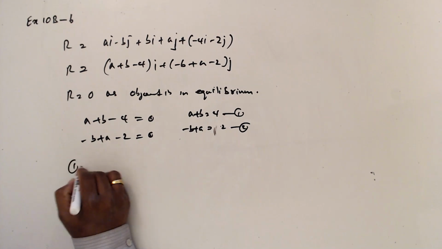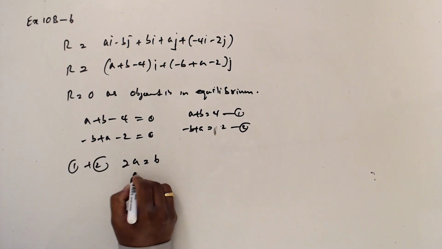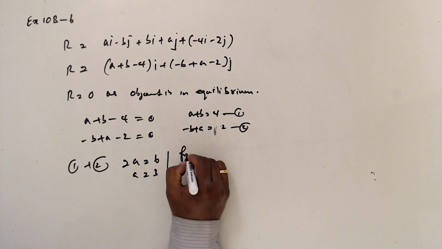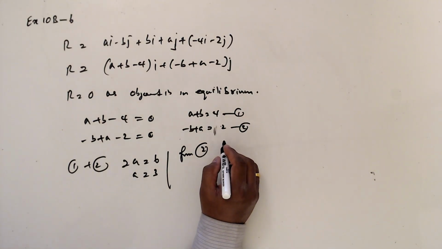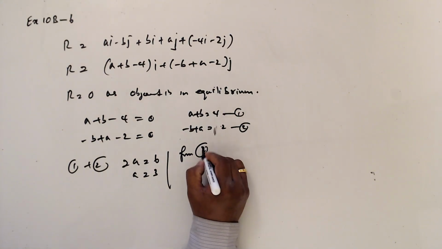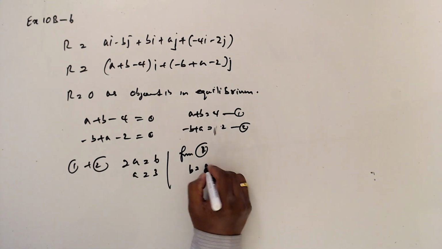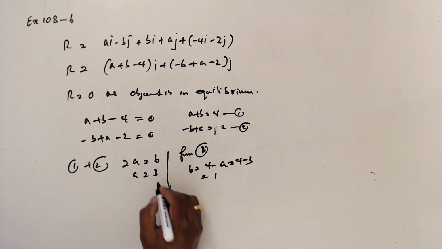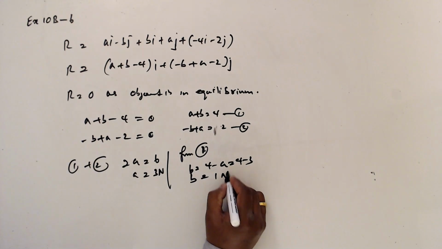When you add 1 plus 2, the answer is 2a equals 6, a equals 3. Then from 1, b equals 4 minus a, which is 4 minus 3, 1. So a is 3 and b is 1.